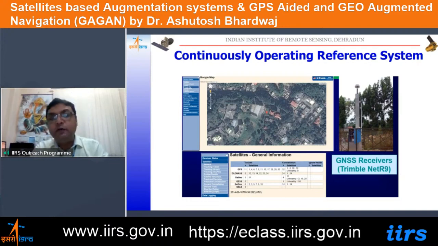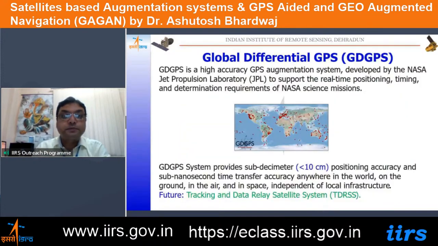Any movement which is happening on the ground because of either tectonic movement or earthquakes, all that data gets recorded, and this can be further analyzed. Then there is the GDGPS system, which is a high accuracy GPS augmentation system developed by NASA JPL to support the real-time positioning, timing, and determination for the NASA science missions.